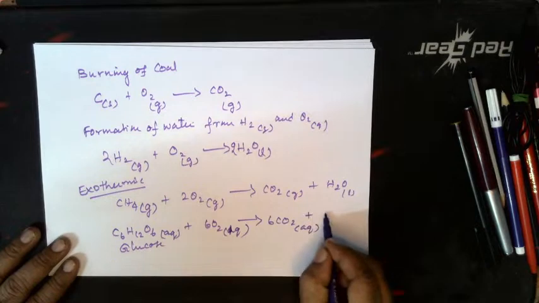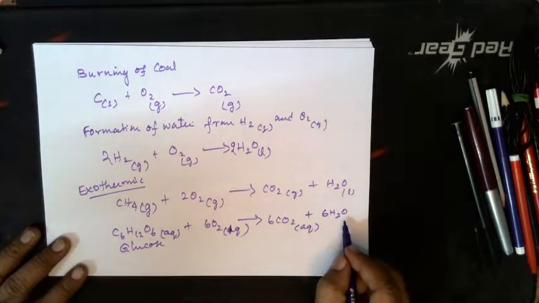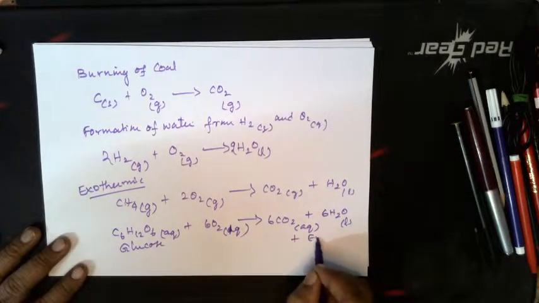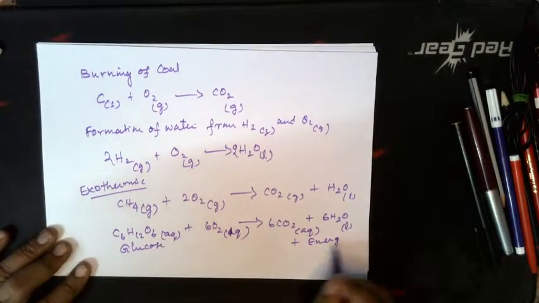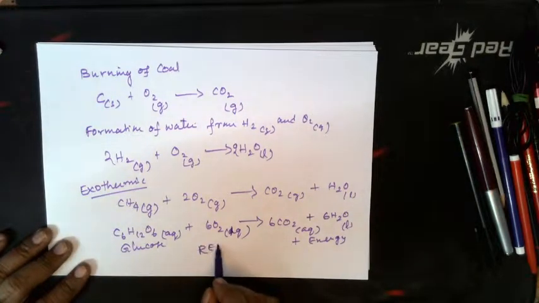Then 6 moles of water, in the liquid form. With that, the energy is also released. That energy is stored and used up by our body cells. Do you understand? And this is the process of respiration. We call it respiration.